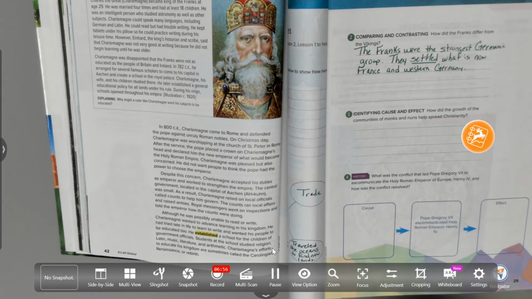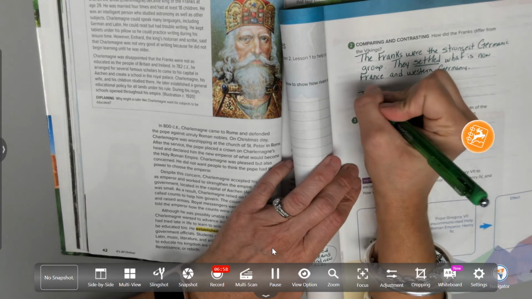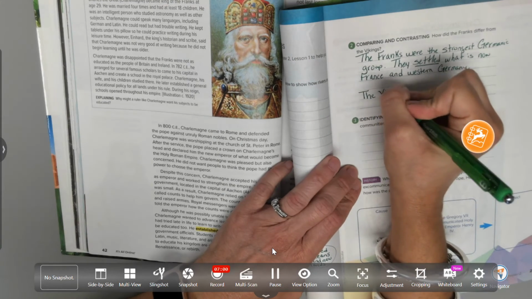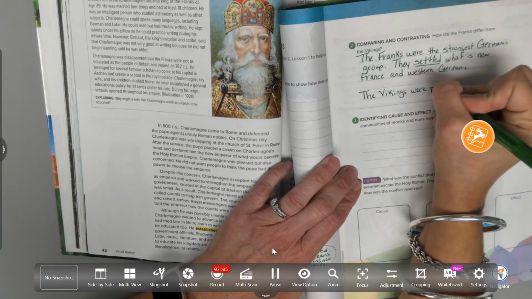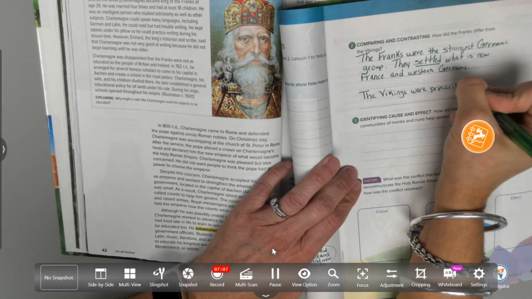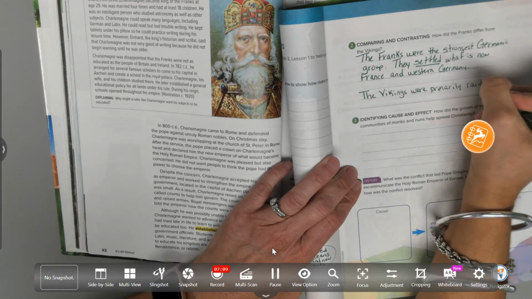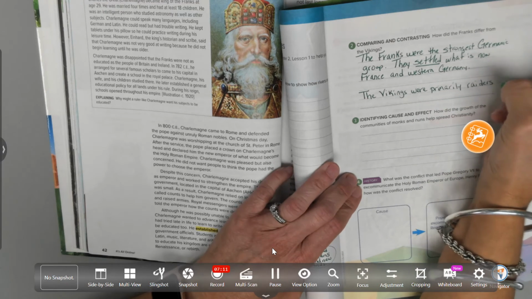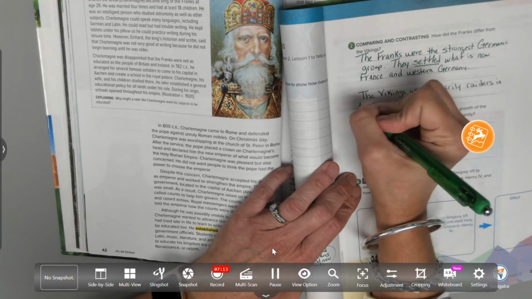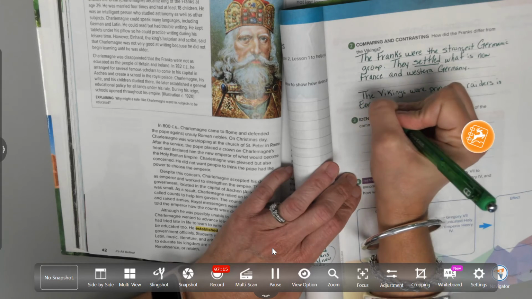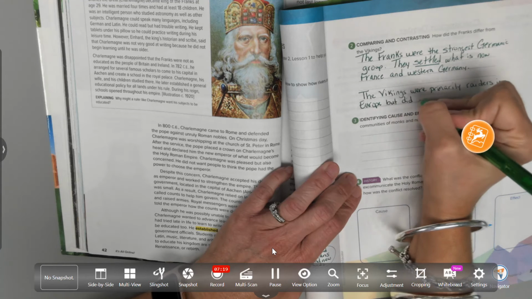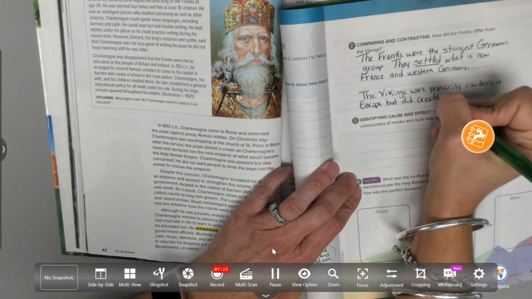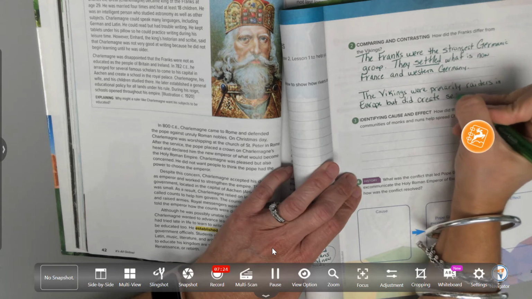Okay, so I'm just going to say that the Vikings were primarily raiders in Europe, but did create settlements.